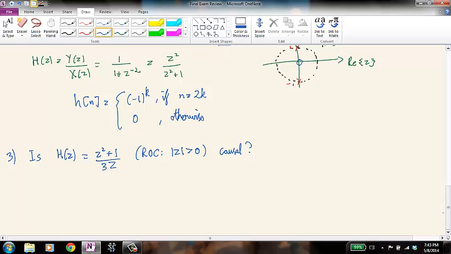Is it causal? I see a no. Does anyone else have an opinion? Could be. So why do you say it's not causal? The numerator has a higher order than the denominator.